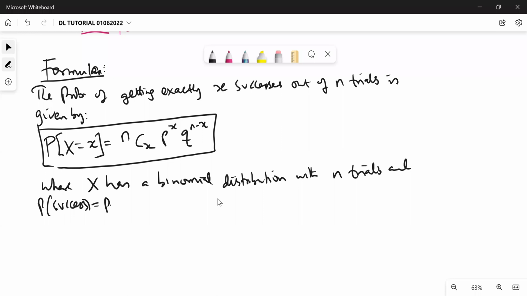This is the formula that we use to obtain the probability of getting exactly x successes. The key word here is exactly. That's why we have an equal sign here. I'm using small letter x here, and capital X is reserved for the variable itself. So X is the random variable, for example, the number of successes.